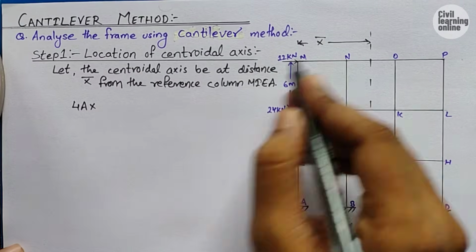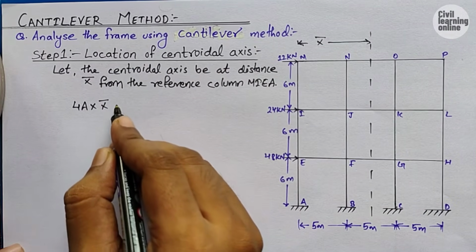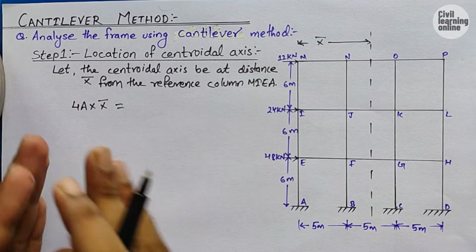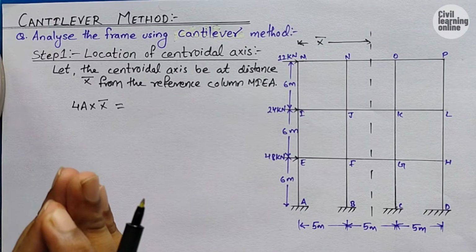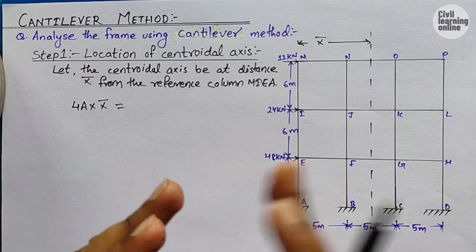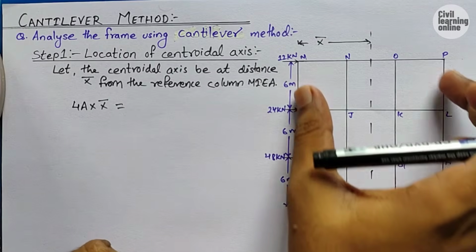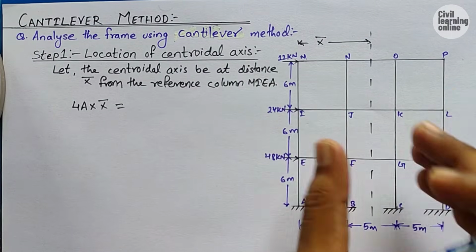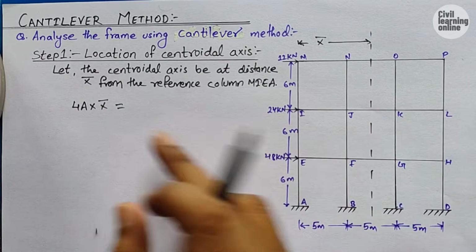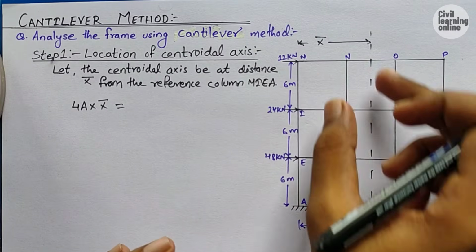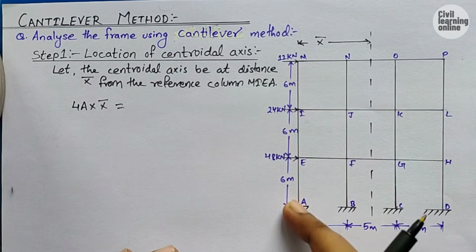and it is multiplied by x bar, which will be equal to, now see here guys what we are doing, we are multiplying the cross sectional area with the distance up to the CG. Means I have considered that the area of this whole frame is 4A, and the CG is at distance x bar from the reference column.